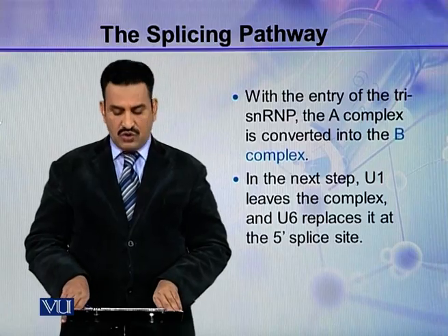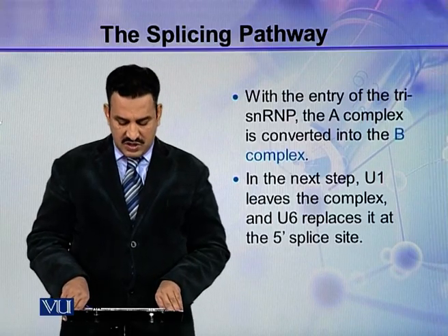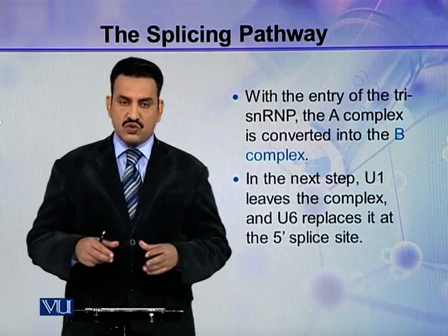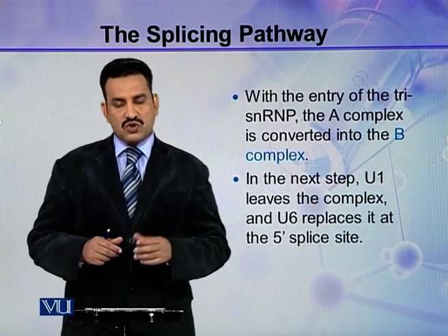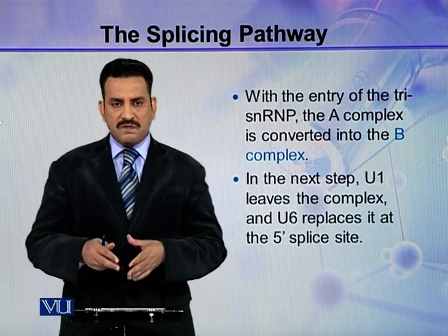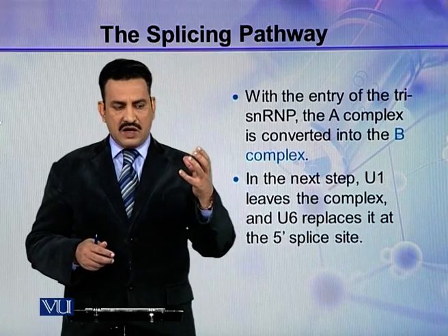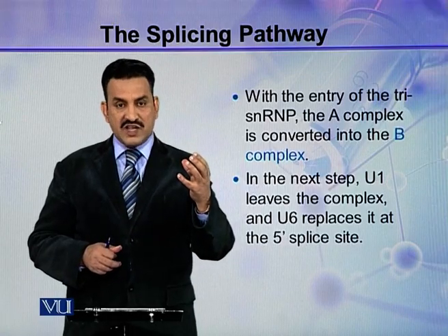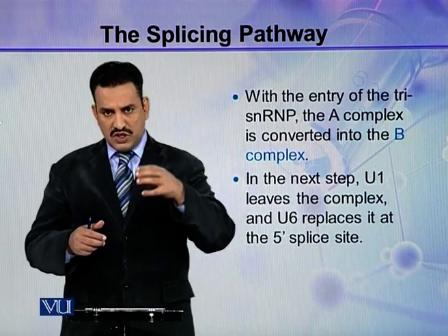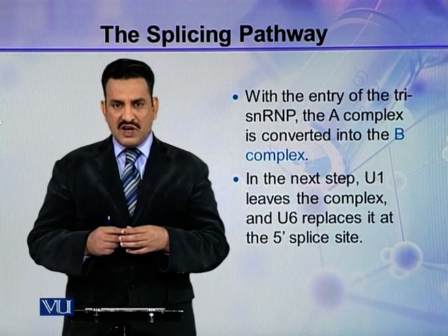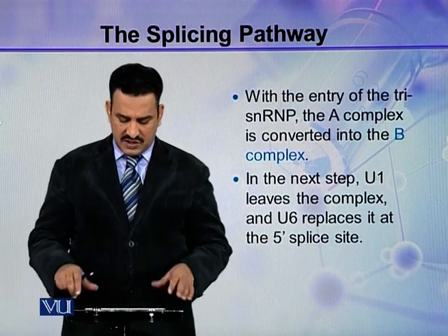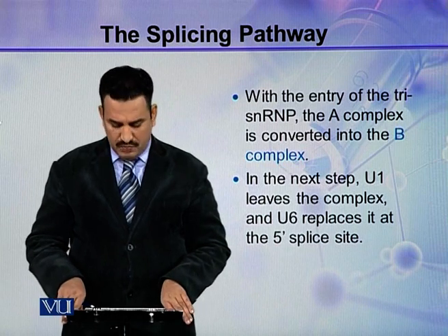With the entry of the tri-SNRP, the A complex is converted into the B complex. So you have seen in the figure a heavy complex, the tri-SNRP, that comes into the machinery, and then this complex is transformed into the B complex.